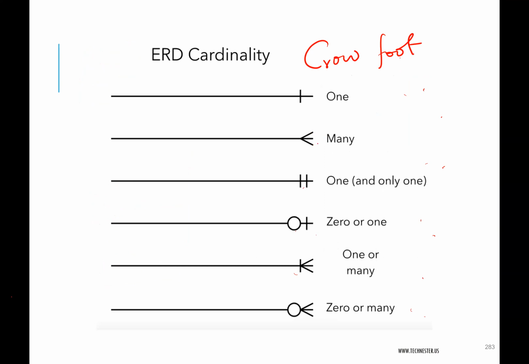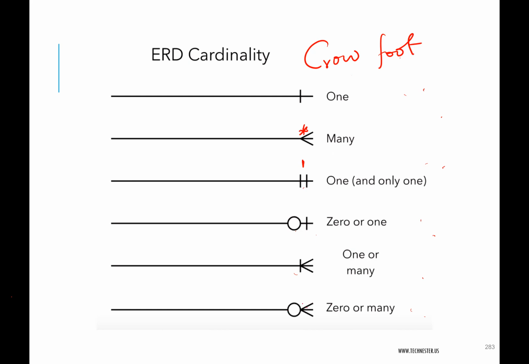Right. So this is our asterisk now, but it's represented this way. This is one, but it's emphasizing it one and only one. 0 or 1, 0, one or many, 0 or many. So it's not too complicated. It's not too difficult to remember. The circle is 0.